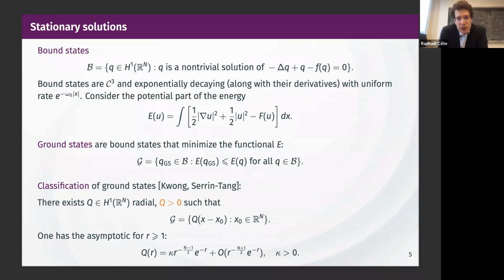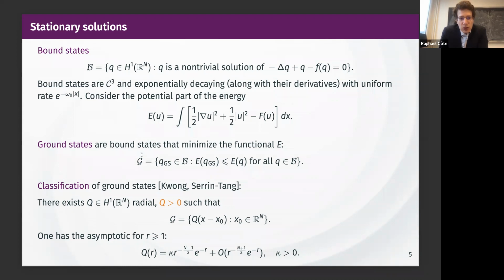Now among these, there are a whole bunch of this kind of elliptic solutions, and actually some are better than others. The ones that are better than others are the ground states, which are solutions of the elliptic equation that minimize the energy, or at least the kinetic part of the energy, E of u.